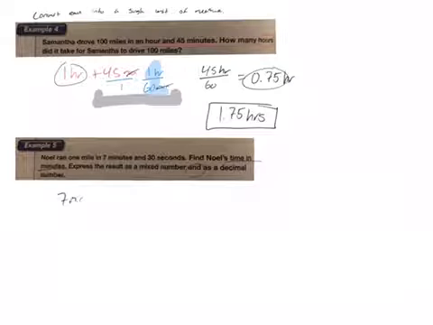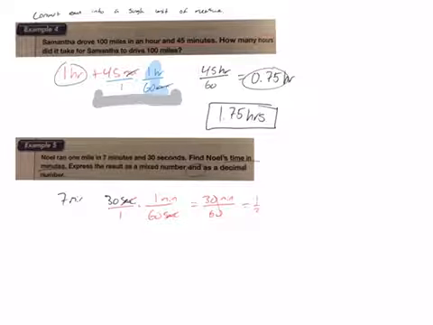So I have 7 minutes and 30 seconds. Well, you might be able to convert that in your head, but just in case you can't, we're going to try to do this like we would normally. I remember that there are 60 seconds in 1 minute, because again I'm trying to convert this all into minutes. My seconds reduce and I end up with 30 minutes over 60. 30 over 60 is going to be 1/2 of a minute, which is equal to 0.5 minutes.